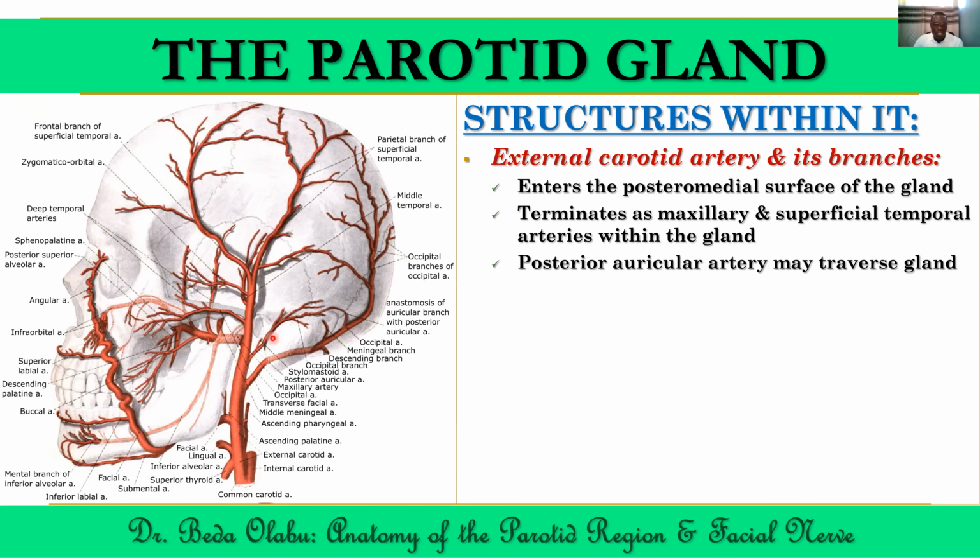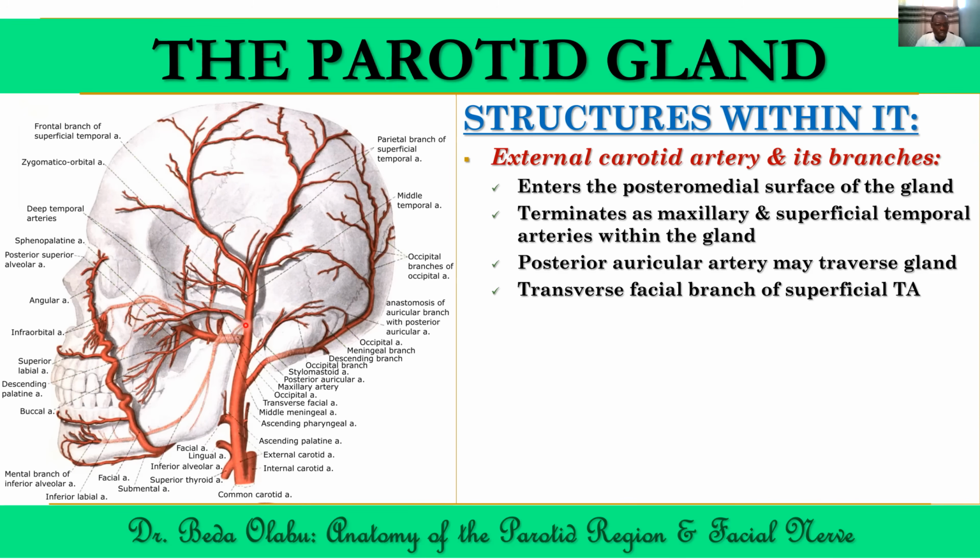As I've already mentioned to you, the posterior auricular artery may pass through the gland sometimes. It's not always. Now, don't forget that the maxillary artery and the superficial temporal artery also have branches, and some of these branches are also still within the gland.